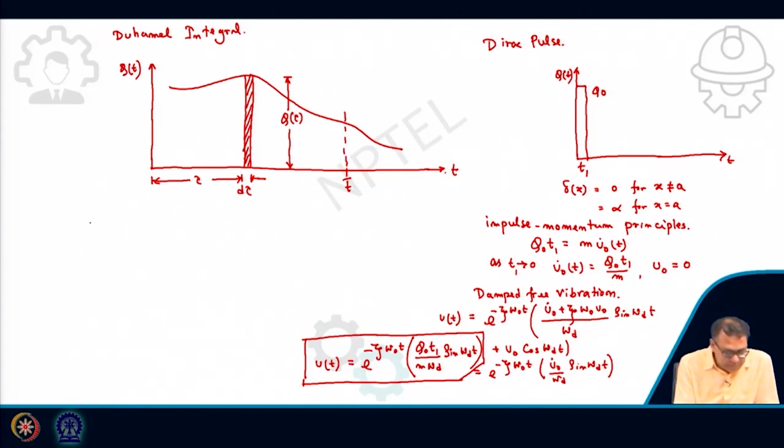So for this du, for this case du bar, because I want to get the response at t equal to t bar, that is equal to e to the power minus damping ratio omega 0, that will be t bar minus tau, because it is at a distance of tau.